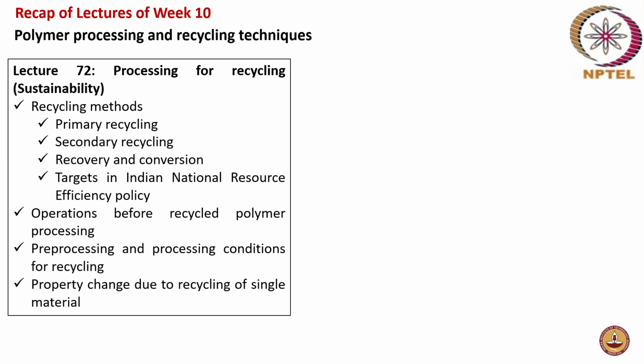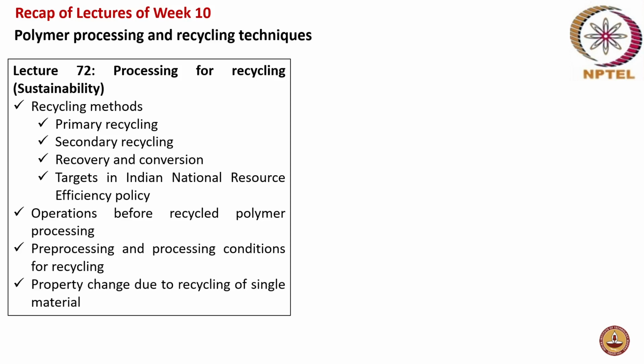The next lecture was on processing for recycling, where sustainability was the main aspect of this lecture. Here, the recycling methods, the primary recycling methods, and then the secondary recycling were discussed.